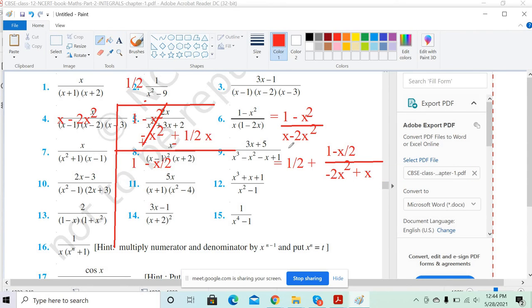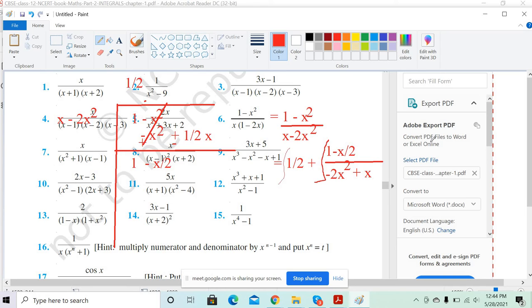Now this came in the form where directly you can integrate this part, and this also you can integrate. You can directly use the form: 1 minus x by 2 can be written as a into d by dx of the denominator plus b.